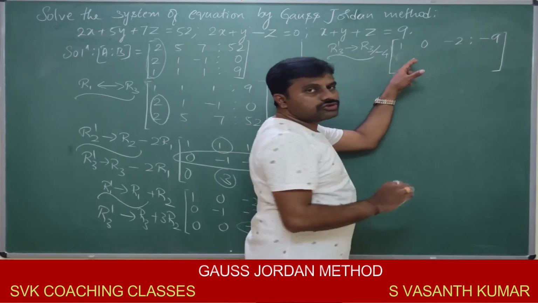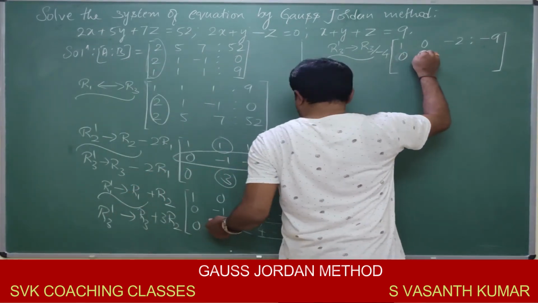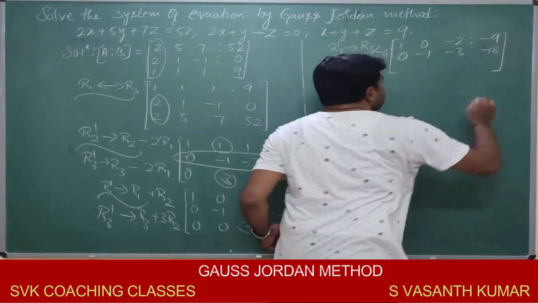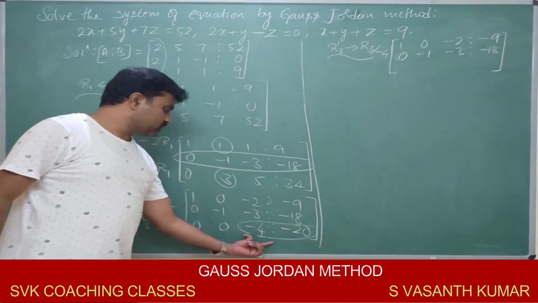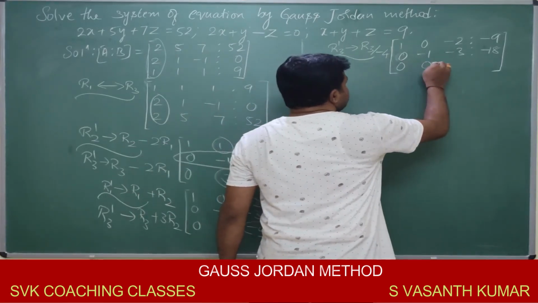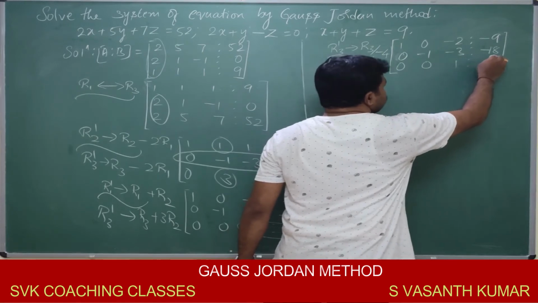The second row is also not disturbed here, so retain it as it is: 0, minus 1, minus 3, equal to minus 18. The third row is disturbed, divided by minus 4. Therefore we have 0, 0, minus 4 by minus 4 is 1, minus 20 by minus 4 is 5.